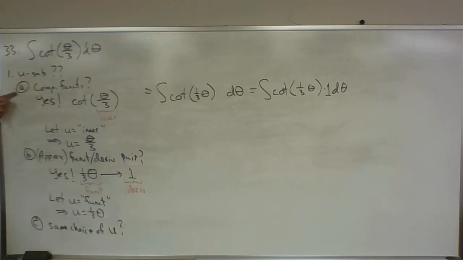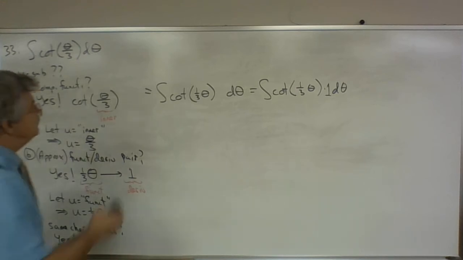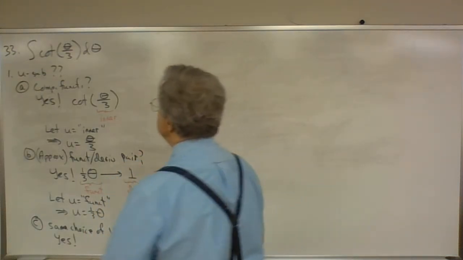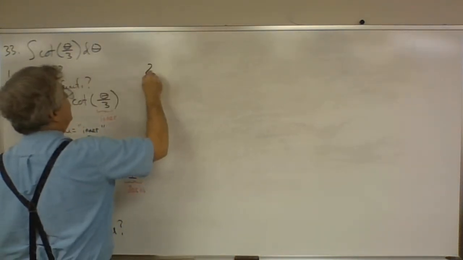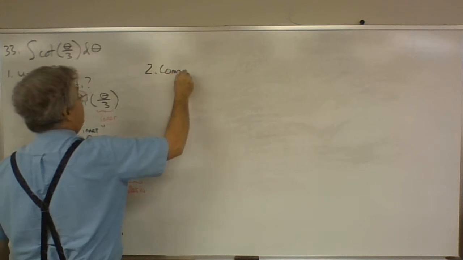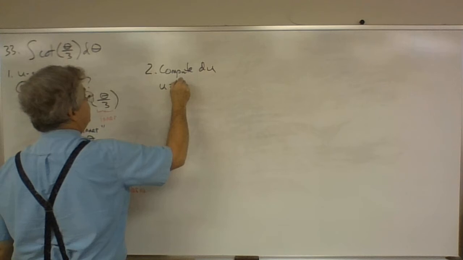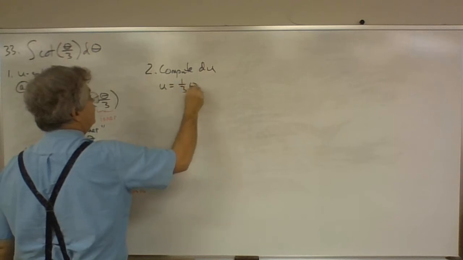And do criteria A and B suggest the same choice of u? They do. Theta over 3 and 1/3 theta, they're exactly the same. So on we go to step 2, compute du. u equals theta over 3 or 1/3 theta.